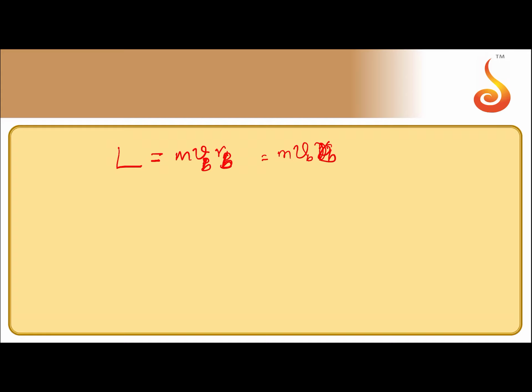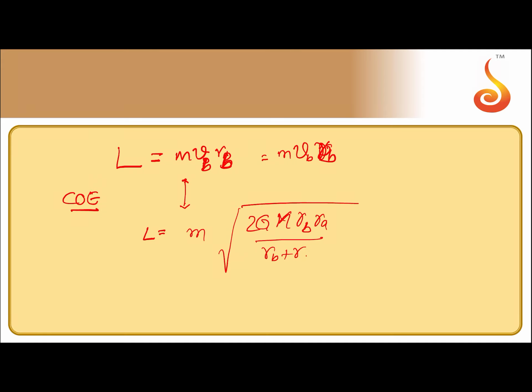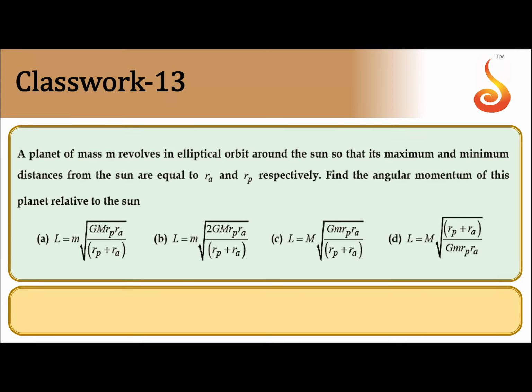If I use the energy conservation equation which I wrote earlier in this equation and simplify, I get m into root of 2GM Rb Ra whole divided by Rb plus Ra. So this is our expression for the angular momentum of the planet relative to the Sun: m into root of 2GM Rp Ra divided by Rp plus Ra, as he has taken it as Rp here.